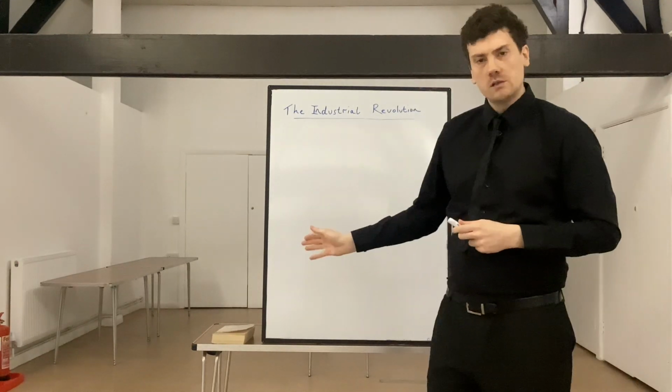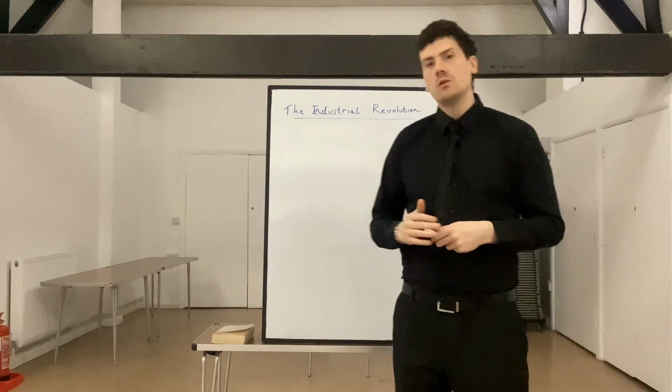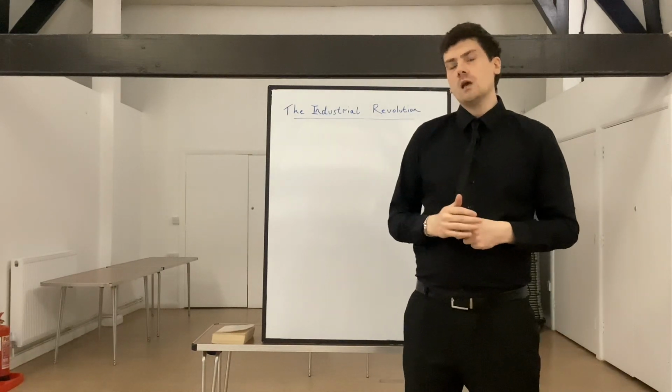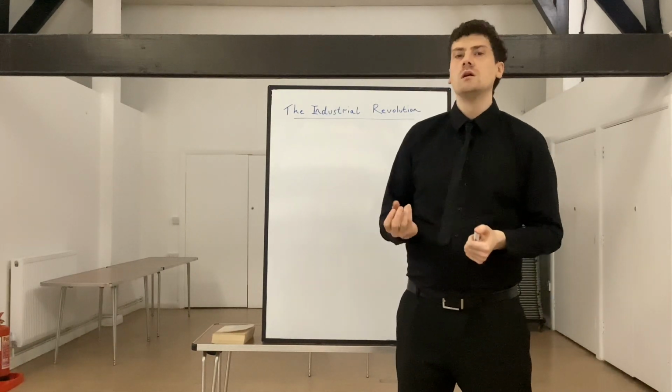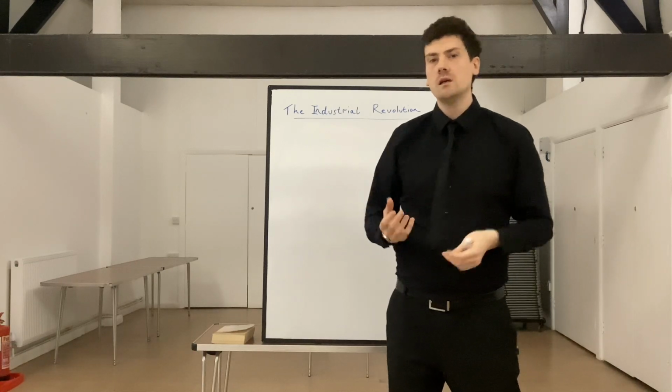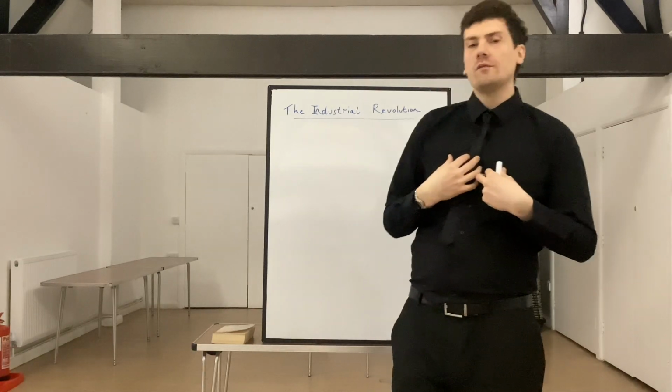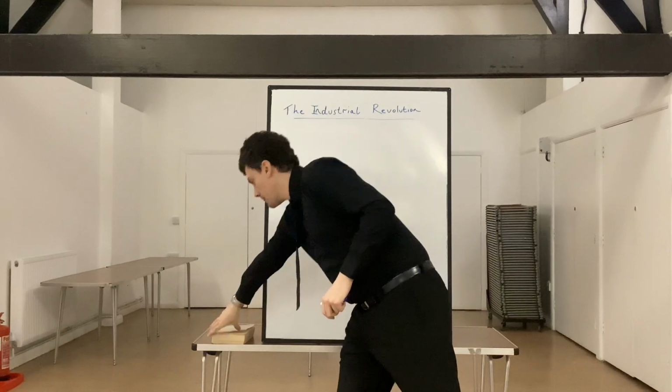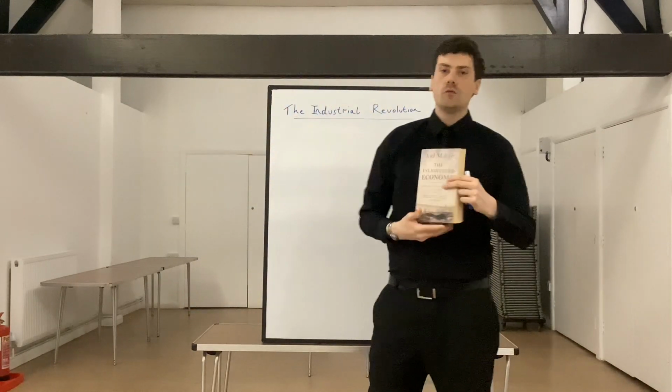One of the criticisms I would make of Joel Mokyr's book is that it's very descriptive, but it's not very explanatory. It's a very large book. It took me approximately 2 months to get through the entire book.